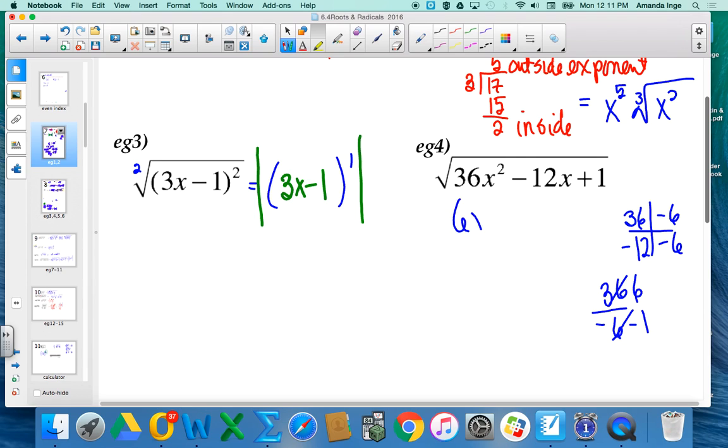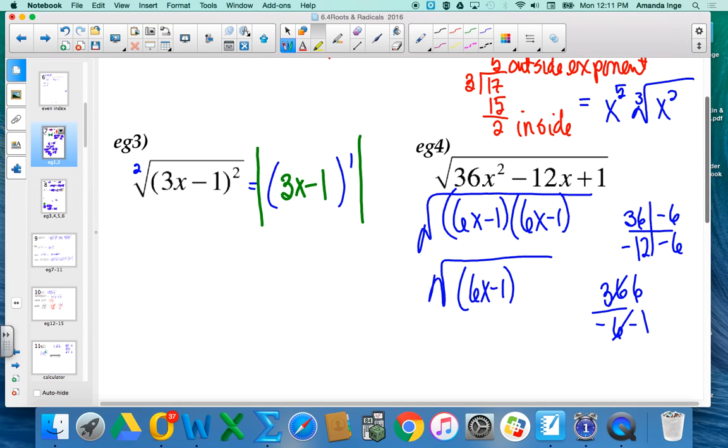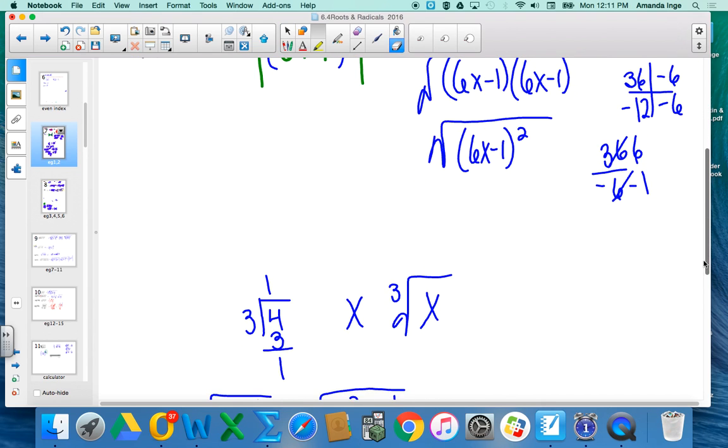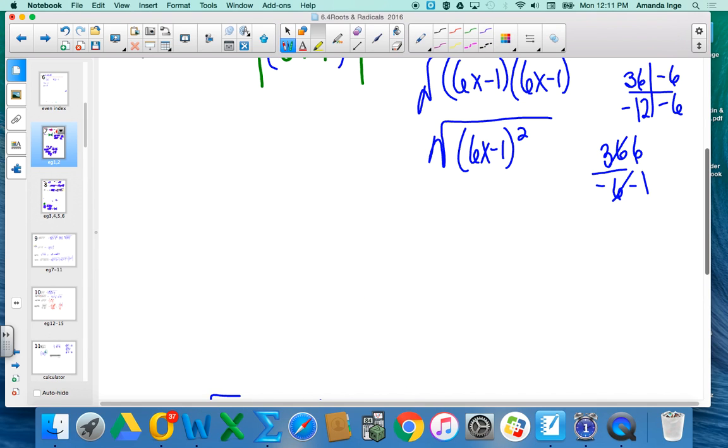So I have 6x minus 1 times 6x minus 1. So this is really the square root of 6x minus 1 squared. So now it looks like the problem we just did. So we would want to divide the index into the exponent, and we get 6x minus 1 inside the absolute value symbols. Okay? Everybody still with me?